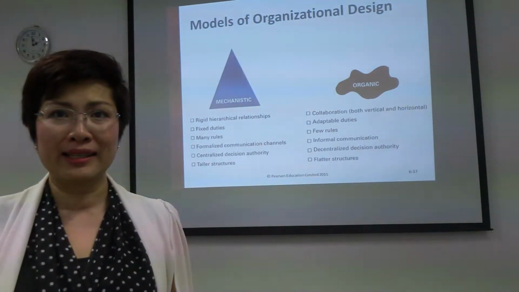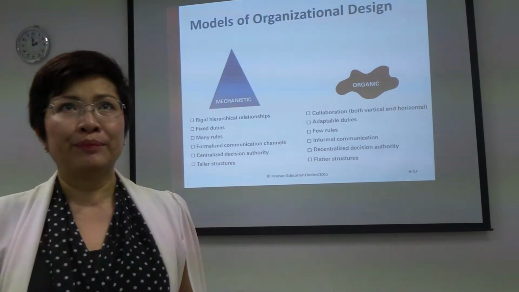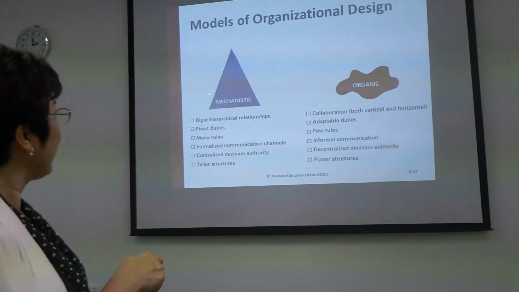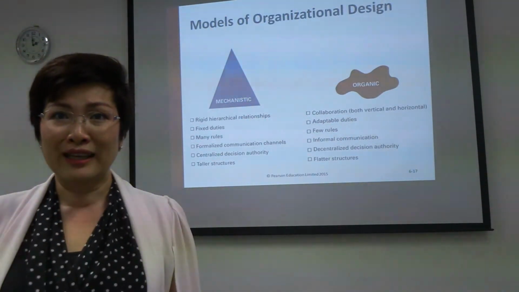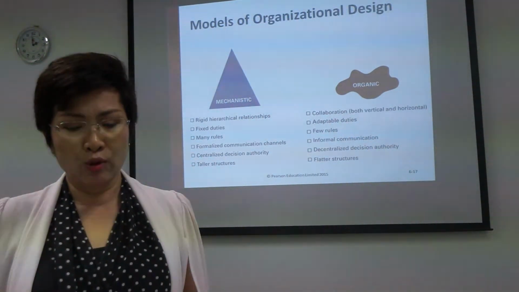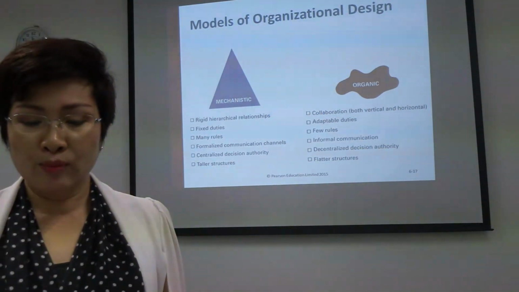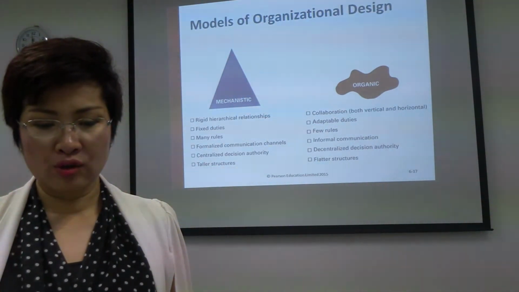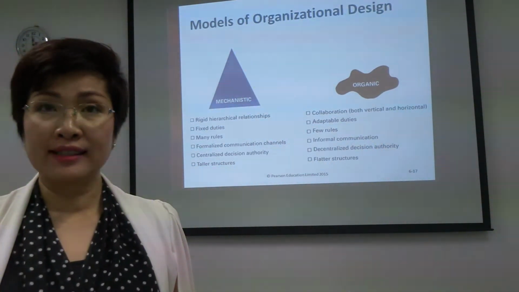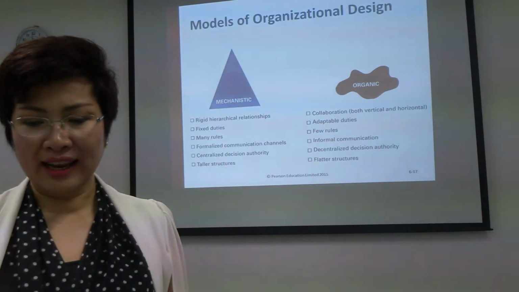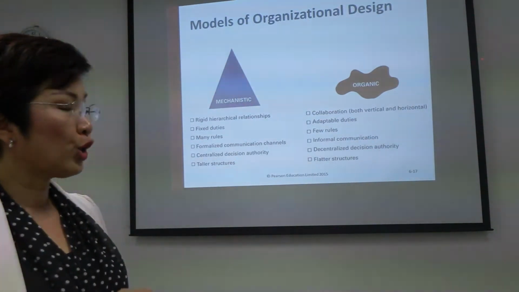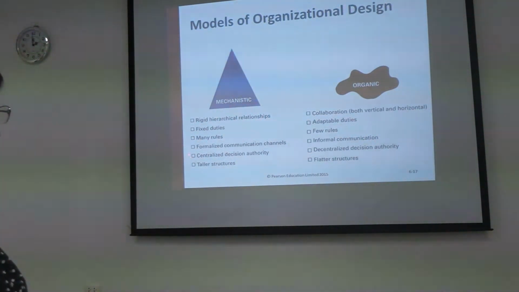Traditionally, organizations mostly use the mechanistic model, which is an inflexible and tightly controlled structure that combines traditional aspects of all 6 elements of organizational structure. Those create the characteristics of mechanistic models.